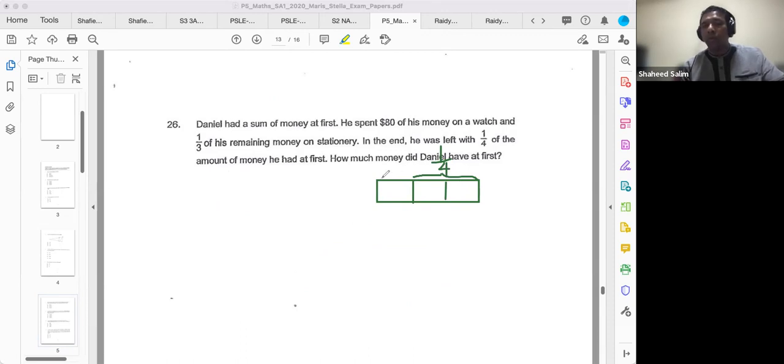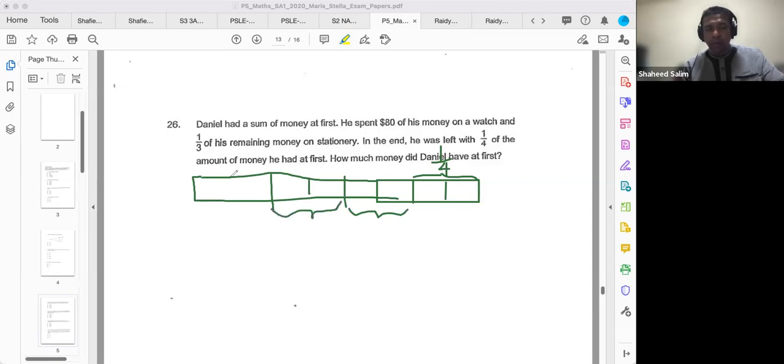And one whole has 4 quarters. So I can draw further after here. 2 units, another quarter. This one quarter. This one, another quarter. This one, another quarter. Can you see this is one whole now? So down here now, this is $80 for the watch.